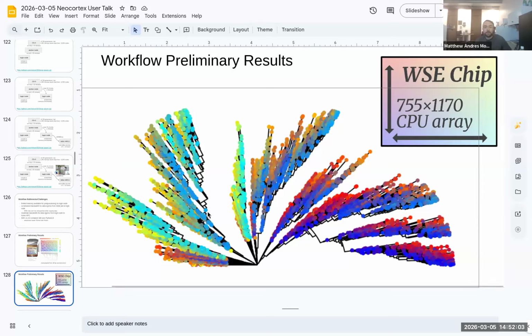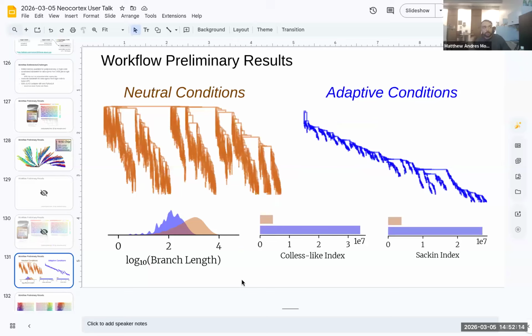One piece of validation work that we have done is run the simulation under different conditions, with well-known expected effects on the structure of the phylogenetic tree, under neutral conditions versus conditions with adaptive mutations occurring.